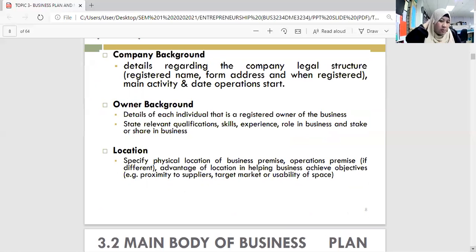For example, it says here proximity to the suppliers, to the target market, or usability of space. That's the reason for the location, to ensure that our business process can be more effective and efficient, right?